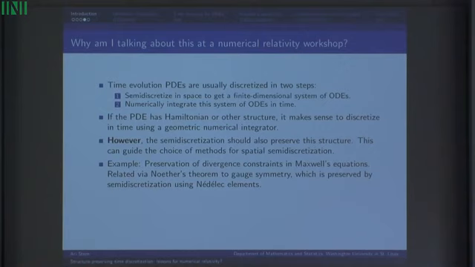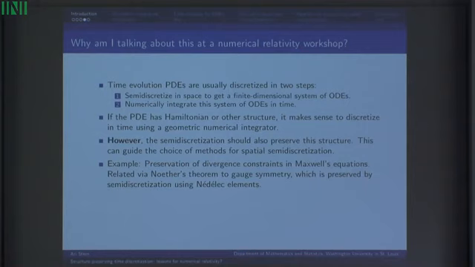And one example that I'm going to look a little bit at later is the preservation of divergence constraints in Maxwell's equations. So Maxwell's equations, like Einstein's equations, have some evolution equations, but there are also constraints that are automatically preserved by the exact evolution.